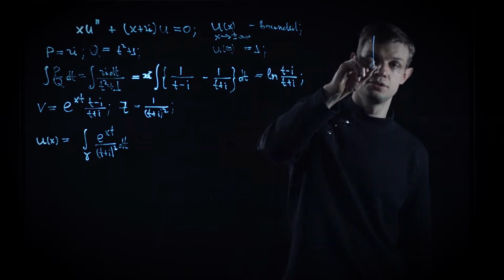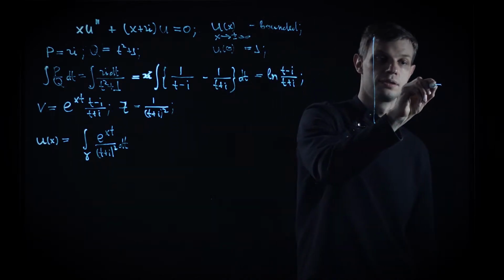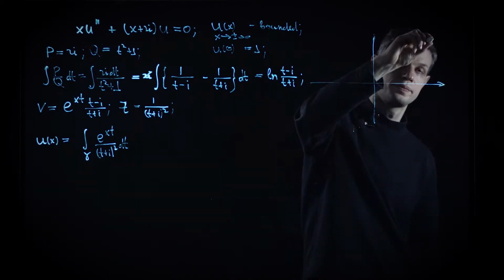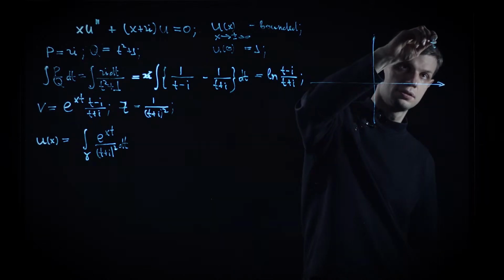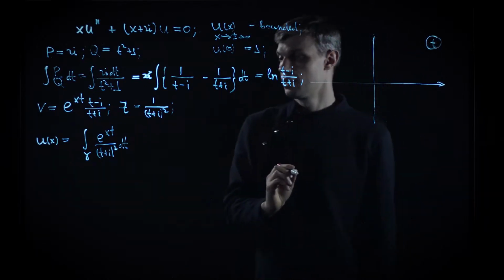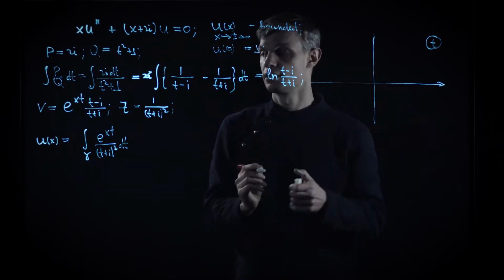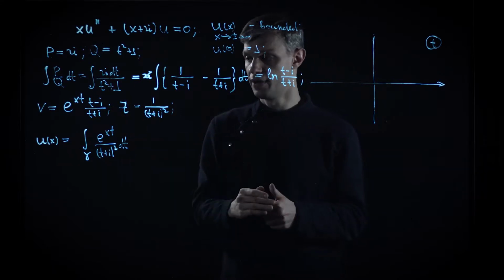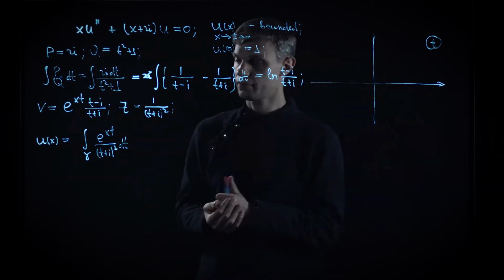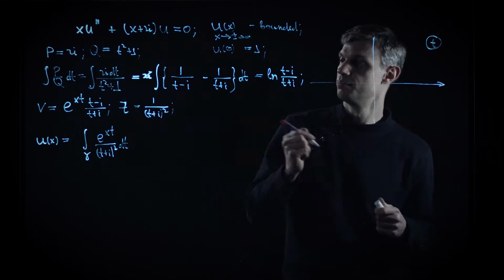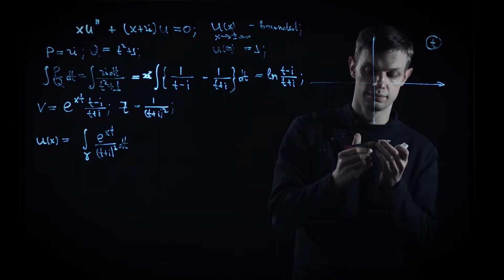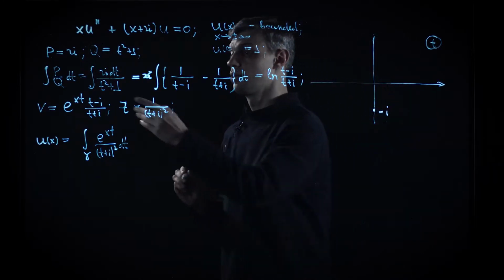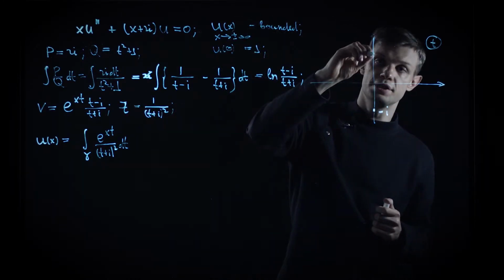So let's draw a complex plane of the t variable and mark the points corresponding to singularities or special points of our v function. So the v function has the pole at point minus i and the root, first order root, at point i.